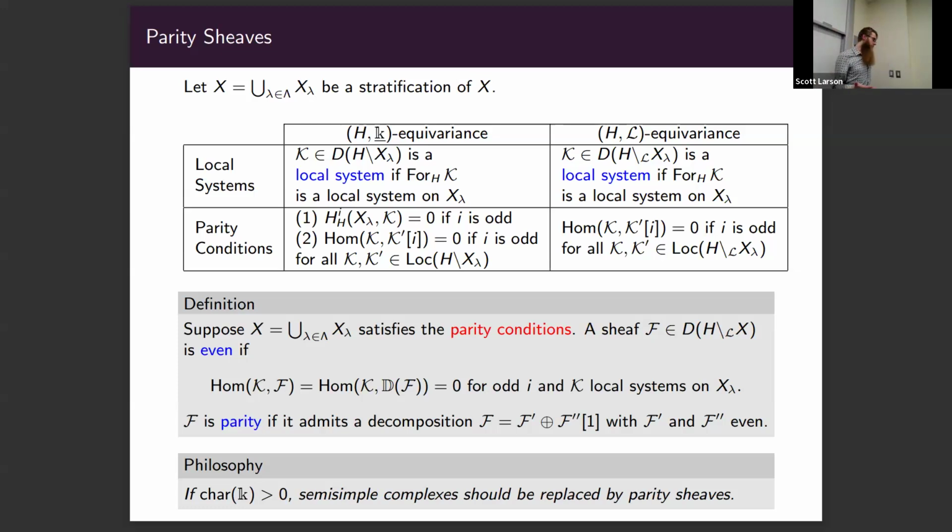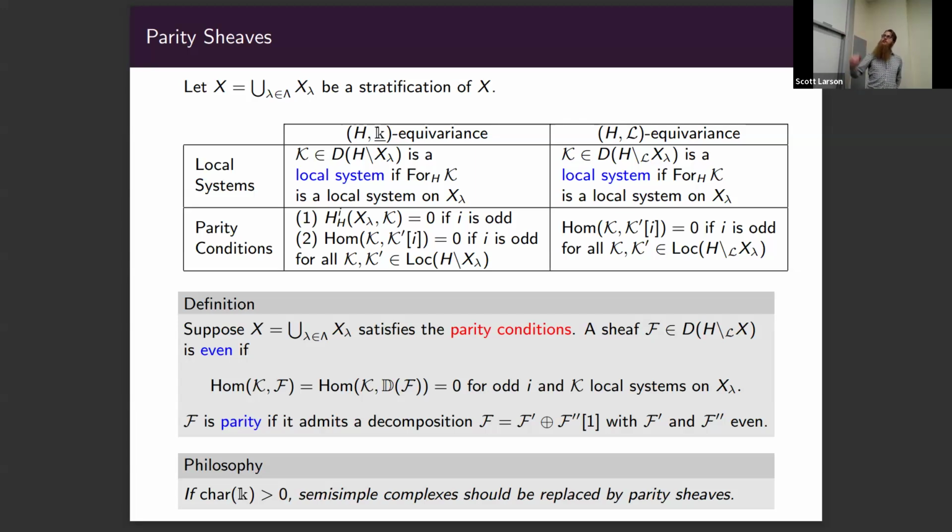Now, one minor thing that happens in this equivariant, or twisted equivariant, world is that there's no longer a notion of cohomology, at least not one that produces something on a point. That's how you should think of the cohomology of sheaves: it produces some complex on a point. But we already saw that most of the time, whenever you take a local system that's not the constant sheaf, you're not producing cohomology on a point. That vanishes.